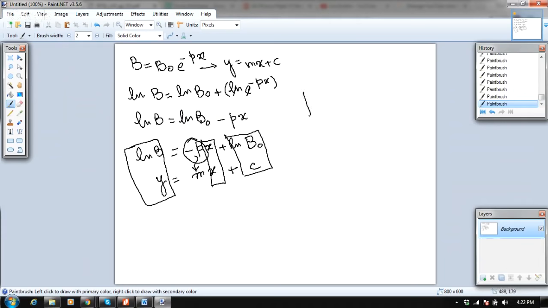So what I imagine about this situation, that eventually when this experiment will be really performed and finally we'll be having the data, there will be log B on the y-axis, there will be x on the x-axis, and the graph will be somehow like this.